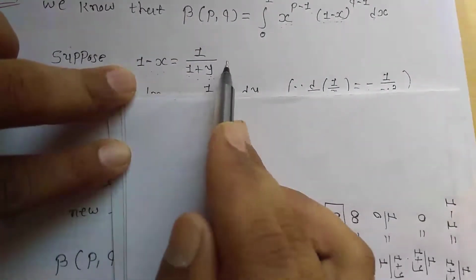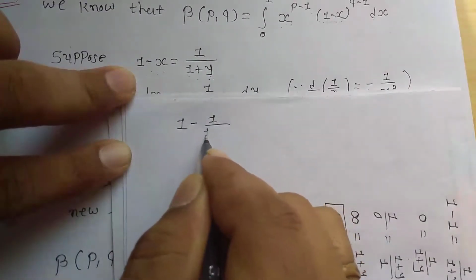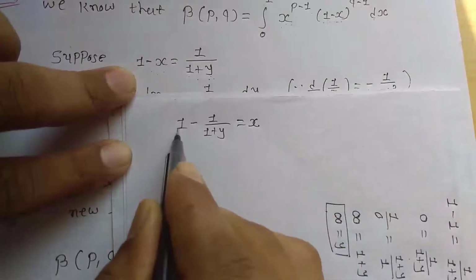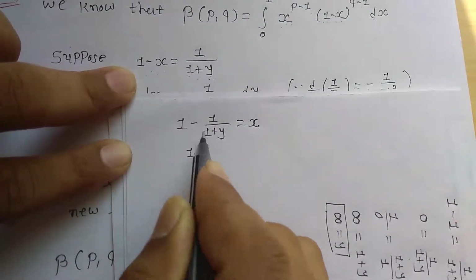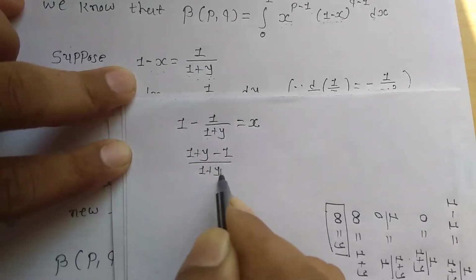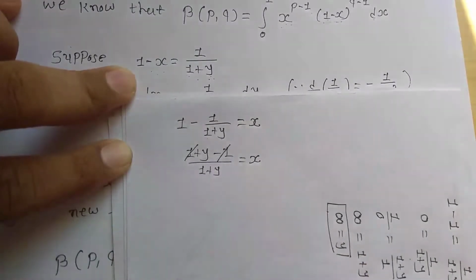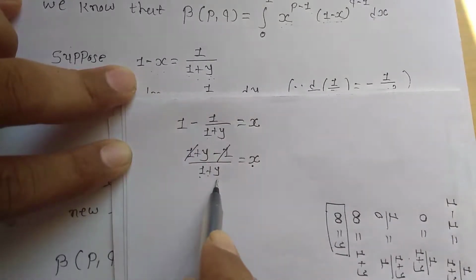Minus x gets outside. Therefore, 1 minus 1 upon 1 plus y equal to x. And it is 1 plus y into 1 is 1 plus y, minus 1, divided by 1 plus y, equal to x. Plus 1 minus 1 cancel. Therefore, your x is y upon 1 plus y.